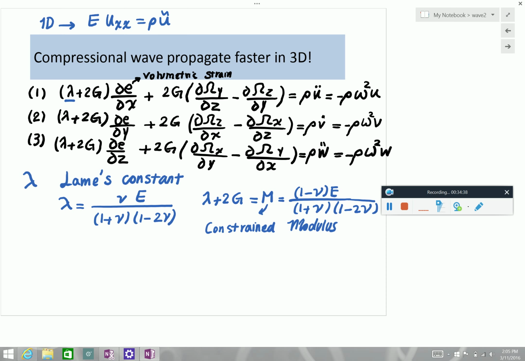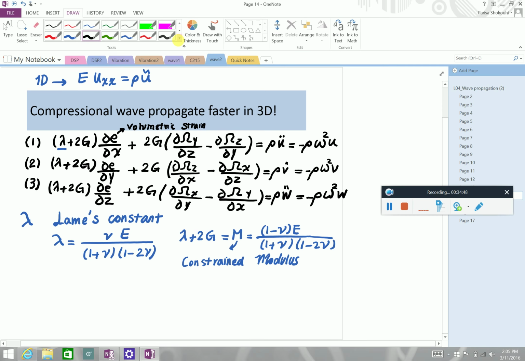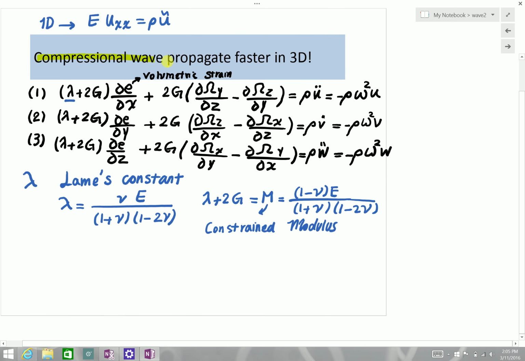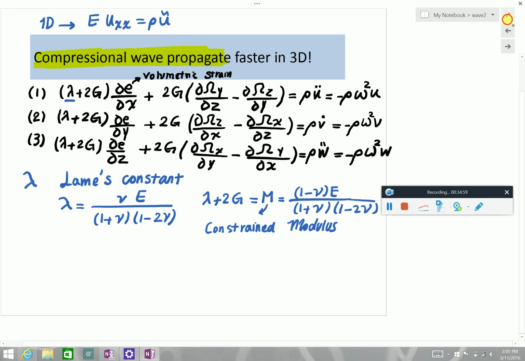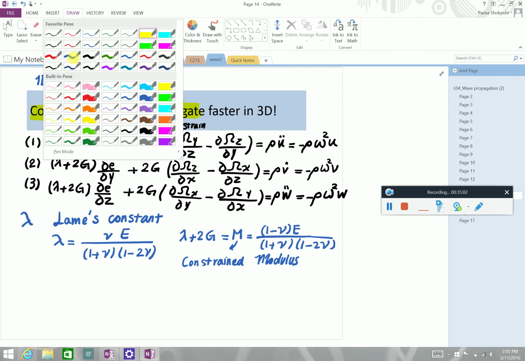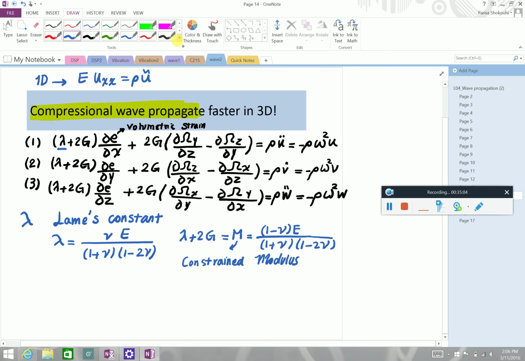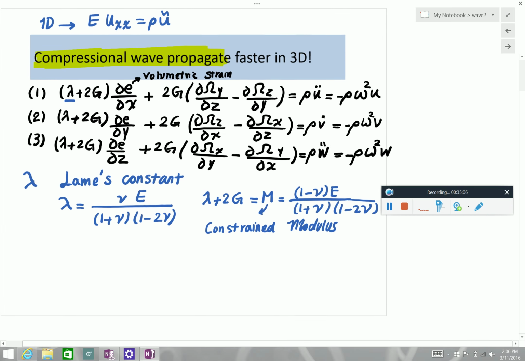The change in volume is basically associated with compressional wave propagation. So now we want to separate these two parts. First we want to focus on compressional wave propagation.